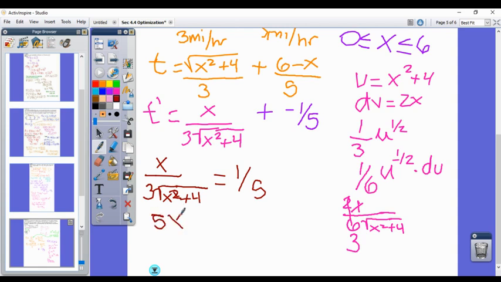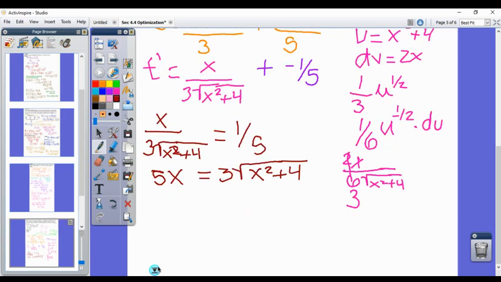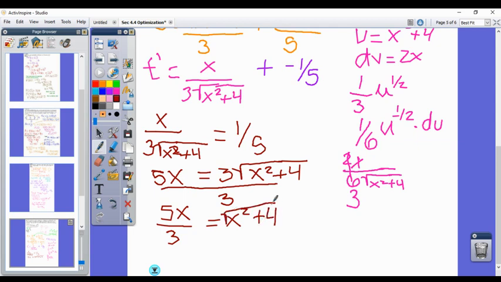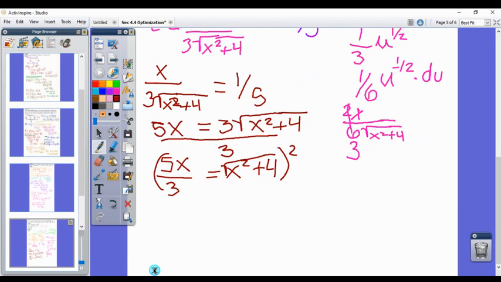So 5x equals, okay, divide by 3. Okay. And then I squared everything. So that gives me 25x squared over 9.